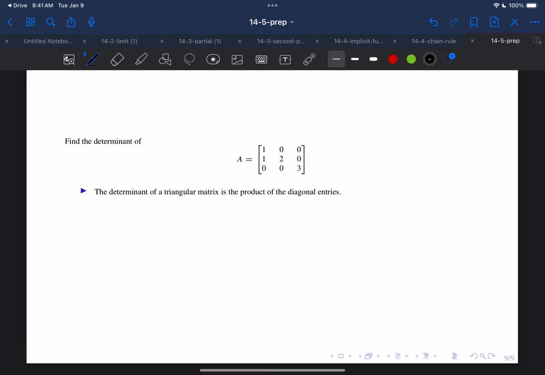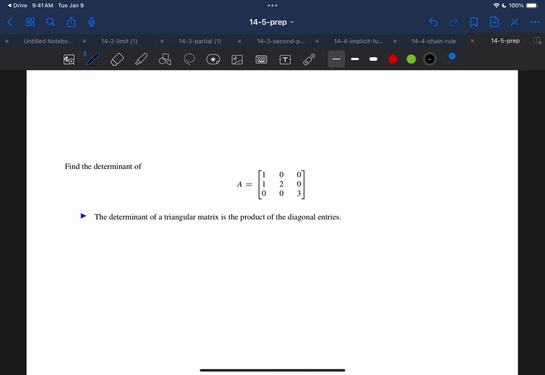All right, here's one example. We're going to use first row expansion to find the determinant of A. So the determinant of A is going to be, first I put alternating signs along this row, so plus 1, minus 0, and plus 0.